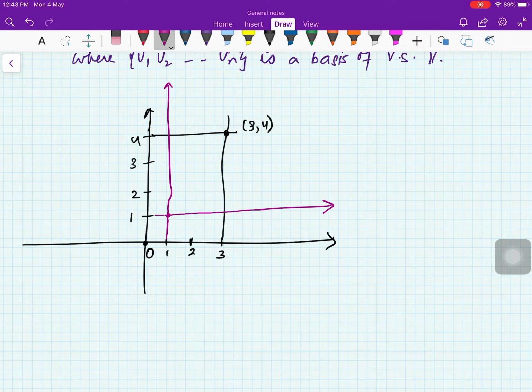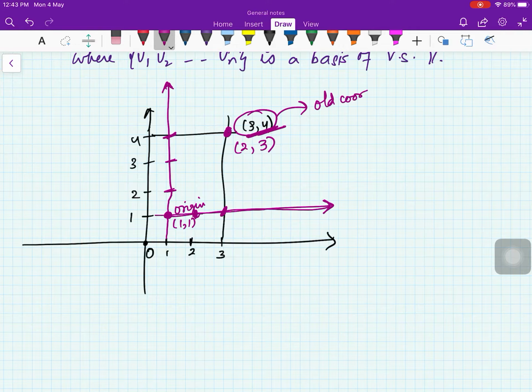This pink is your new coordinate axis where the origin is at 1 comma 1. With respect to the new coordinate axis, the name of the same point will be 2 comma 3. So the same point has the name 3 comma 4 with respect to the old coordinate axis, and the name 2 comma 3 with respect to the new coordinate axis.